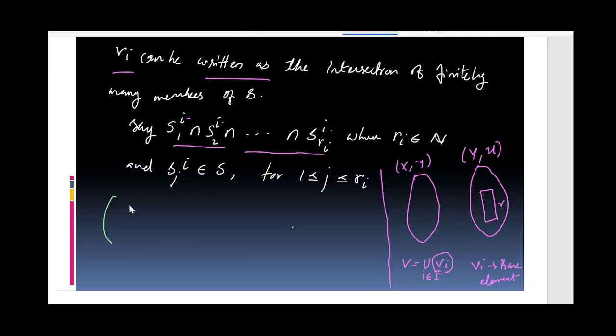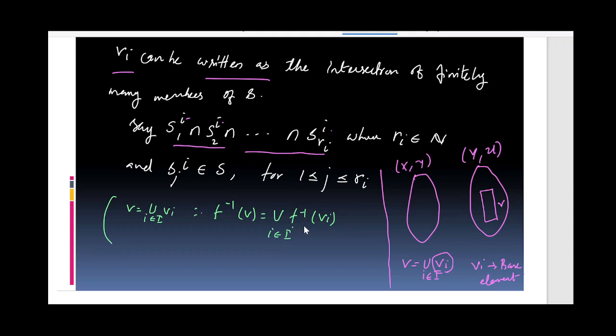So now I am having my V equal to union i belongs to I of Vi. Therefore, F inverse of V equals union of F inverse of Vi, i belongs to I, right?